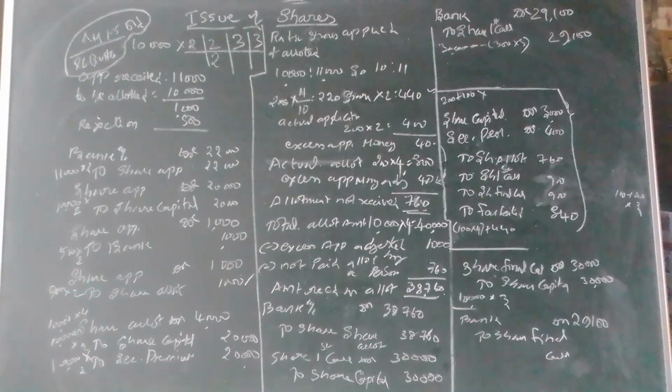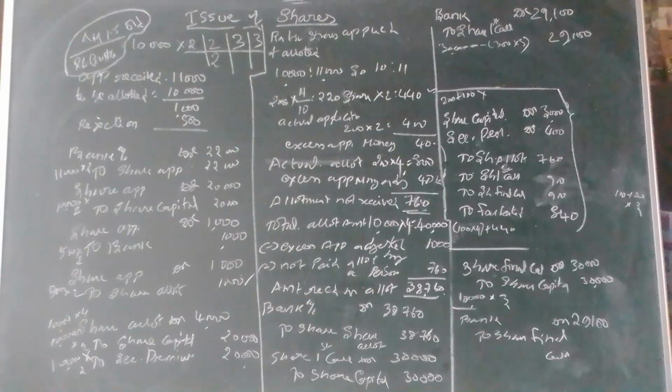Then another one is the allotment due amount, that is share allotment account debtor to share capital and security premium. And another important working note we have to see is how much amount was collected against the allotment. This is the important point.